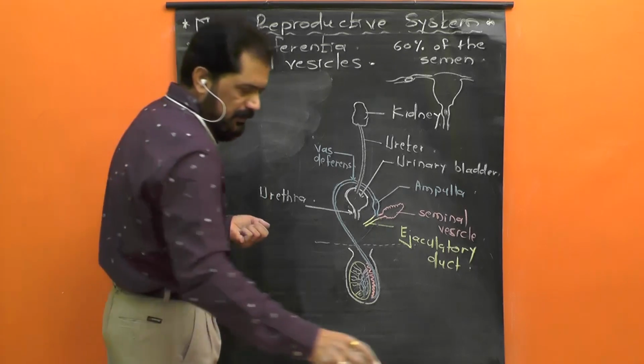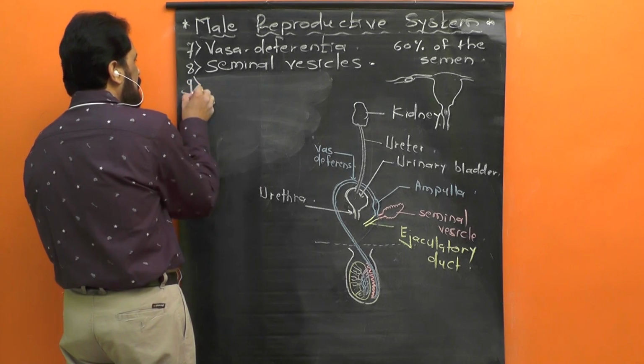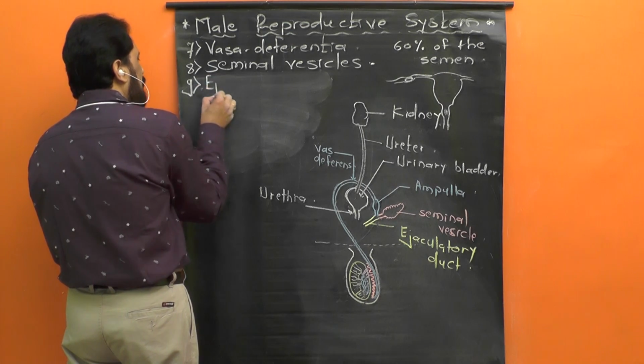Of course these are also paired structures. In this diagram I have shown a single one because it is the lateral view. Ejaculatory duct.